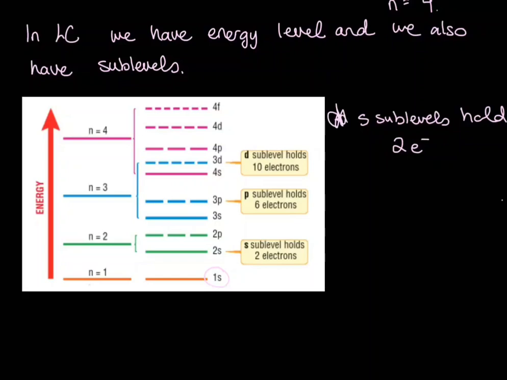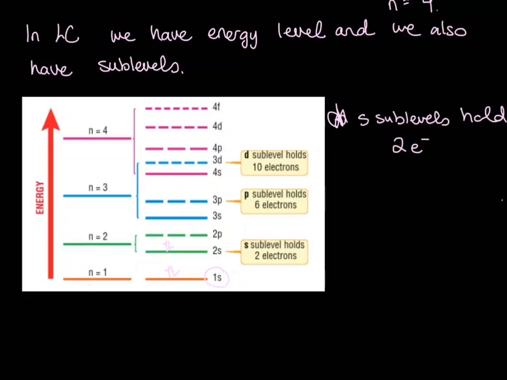Okay, there's your first note, 2. You can imagine if I just fill in, those little arrows represent electrons, one going up, one going down, 2. Now let's go to the next one, second shell, the s sublevel. It can only hold 2, no matter what energy level it is, the s sublevel can only hold 2.